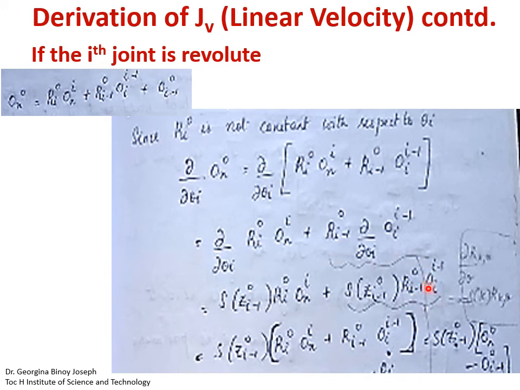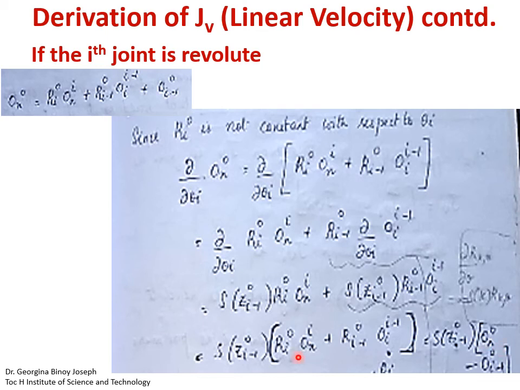This one in detail I have given how this derivation comes in the notes. You can refer to the notes to understand how this has come. So this can be written as S(z_{i-1} to 0) times this term, plus R_{i-1} to 0, o_{i-1}. Okay. So R_i to 0 times o_n^i is actually o_n with reference to the base frame 0.